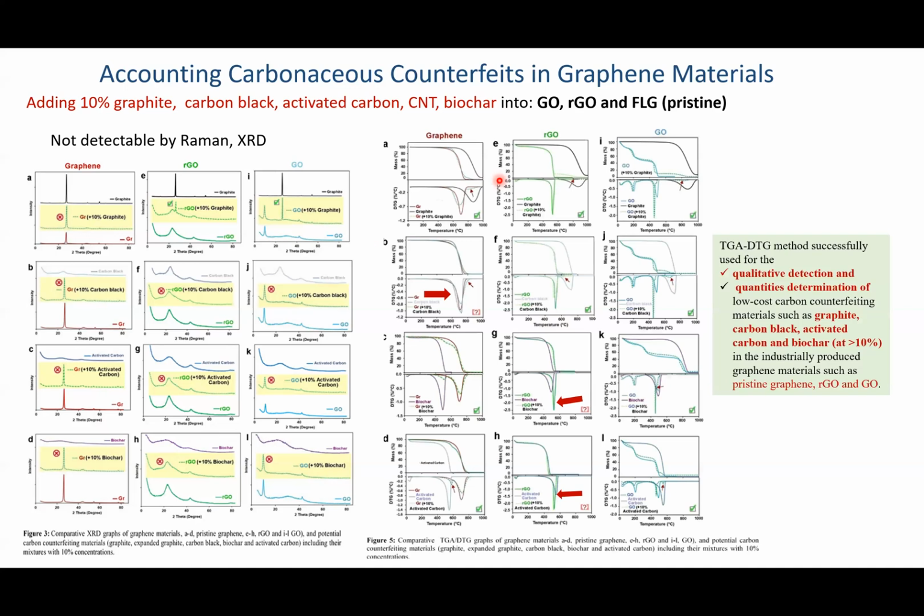But by TGA, in almost all samples, we can see this addition very nicely. And even more, we could quantitatively measure them quite precisely by measuring the surface area of this extra peak.